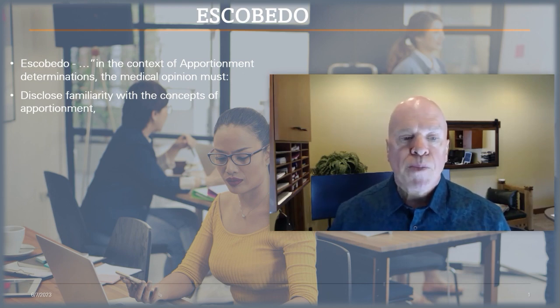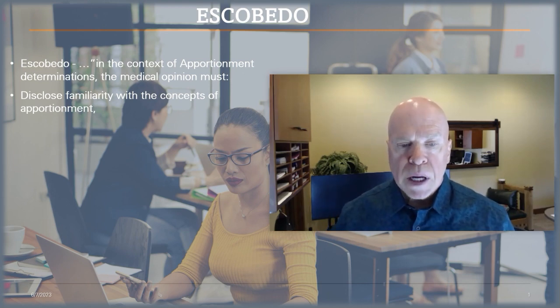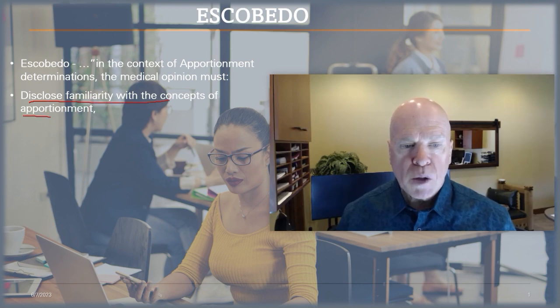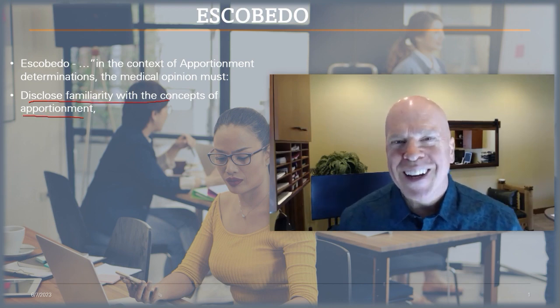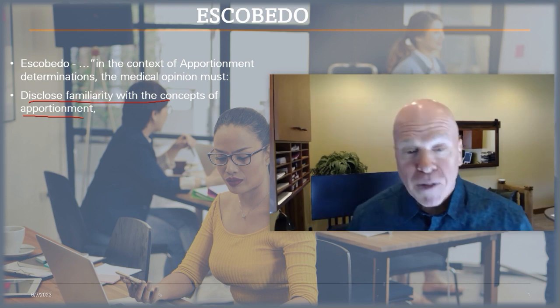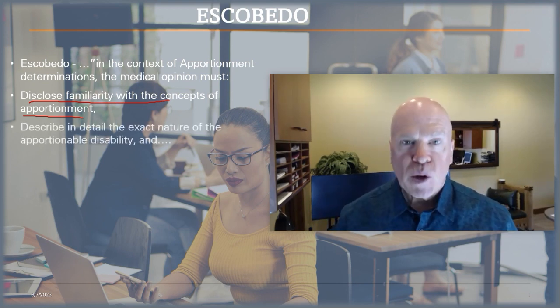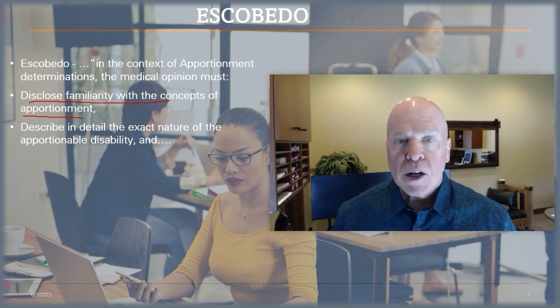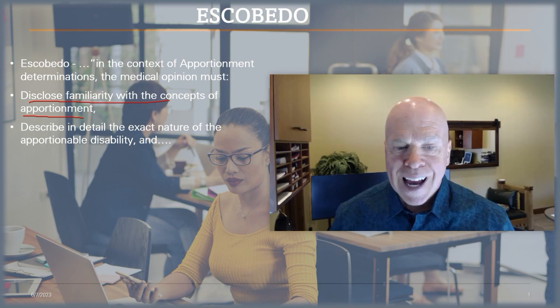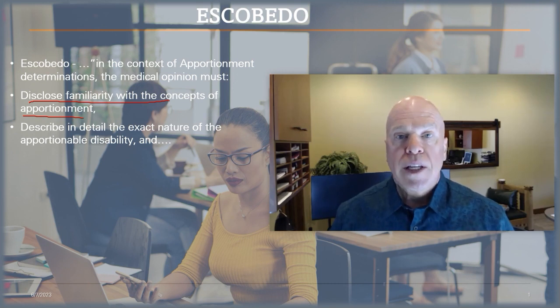It says that the physician or the opinion must, number one, disclose familiarity with the concepts of apportionment. And trust me, the parties will be able to tell right away if you have familiarity or whether you do not have familiarity with the concepts of apportionment. The medical opinion must describe in exact detail the exact nature of the apportionable disability.